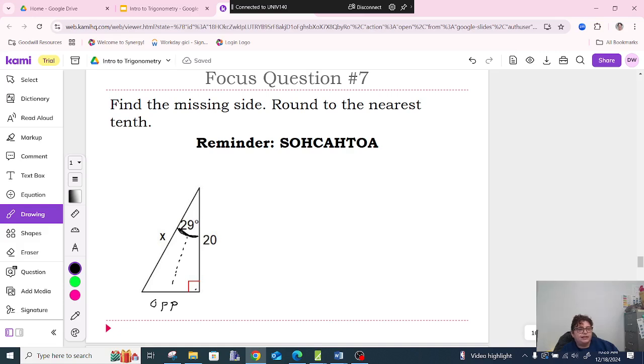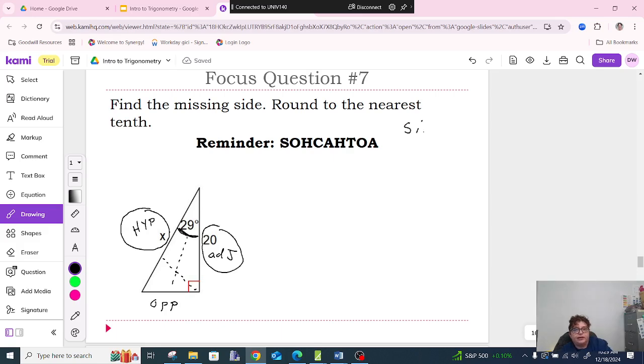Across from the 90 is what? What am I going to label the 20 as? Now, circle. I am looking for X. I have adjacent. You circle what you're looking for and the number you have. This will tell you now which trig function you're going to use.